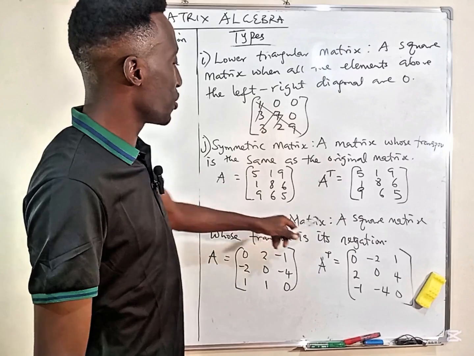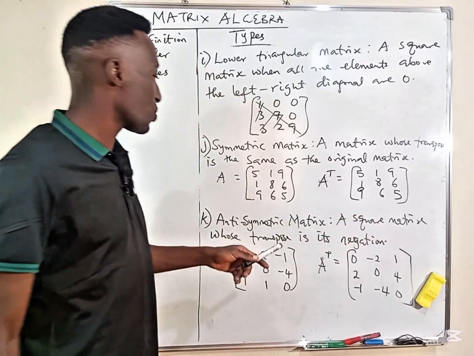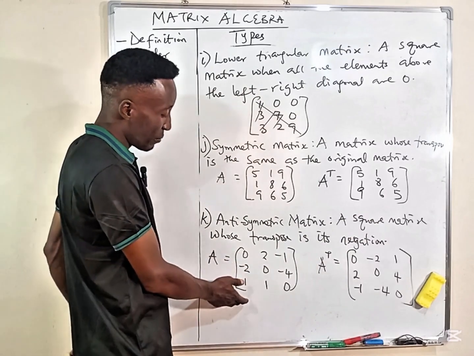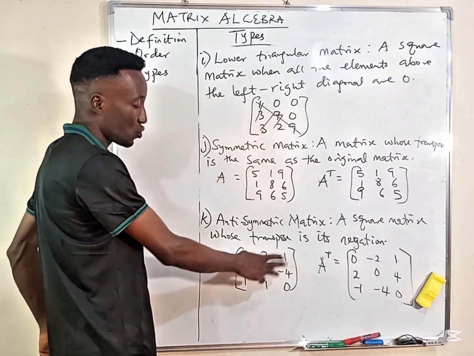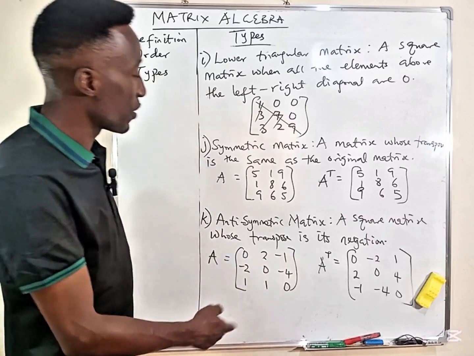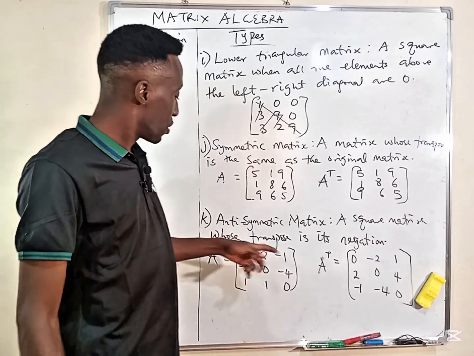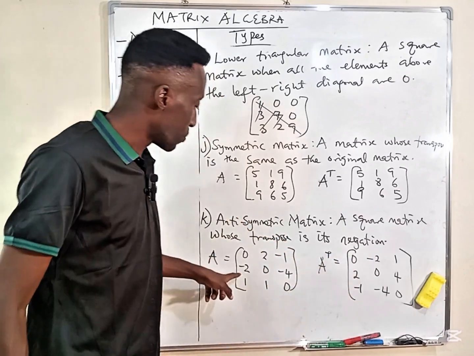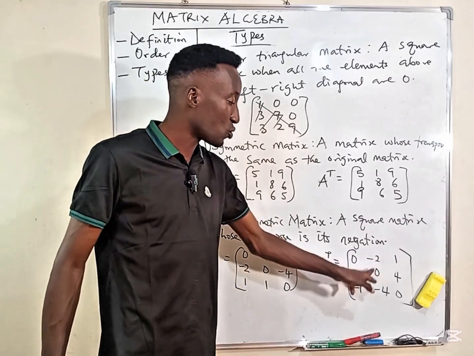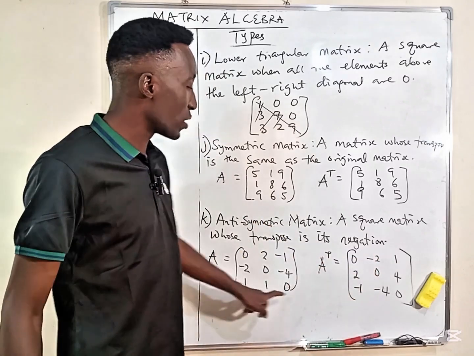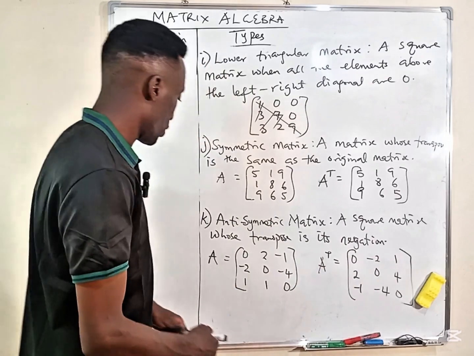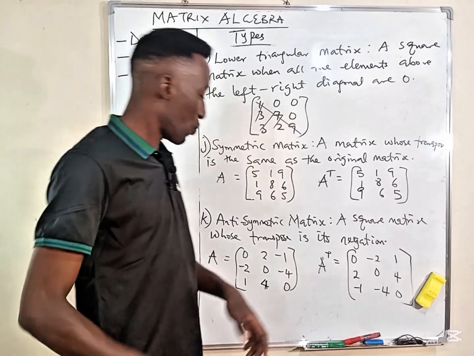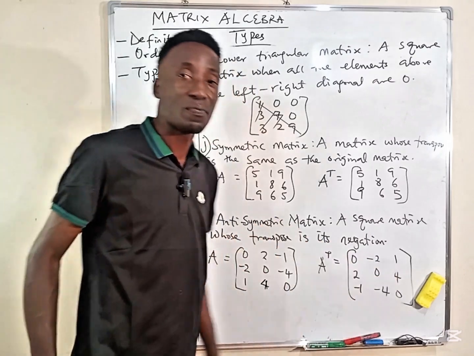We have the anti-symmetric matrix. The anti-symmetric matrix is a square matrix whose transpose is its negation. The main matrix here has 0, 2, minus 1, minus 2, 0, minus 4, and 1, 4, 0. Now let's take the transpose of it: 0, 2, minus 1 becomes a column, minus 2, 0, minus 4 becomes a column, and 1, 4, 0 becomes a column.